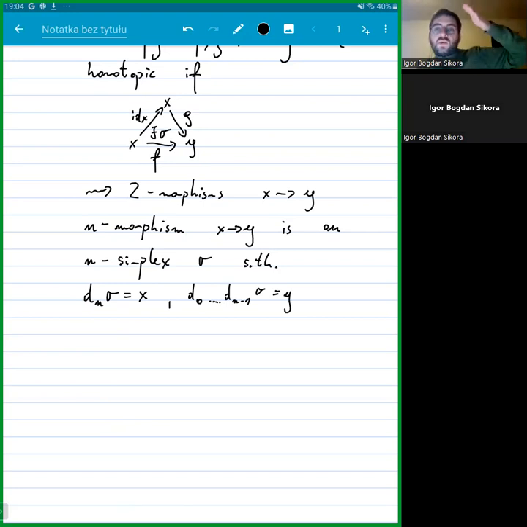What does it mean? As I said, opposite to the nth vertex, I have a face consisting only of x's and identities on x, and so on, and the one remaining vertex is equal to y.